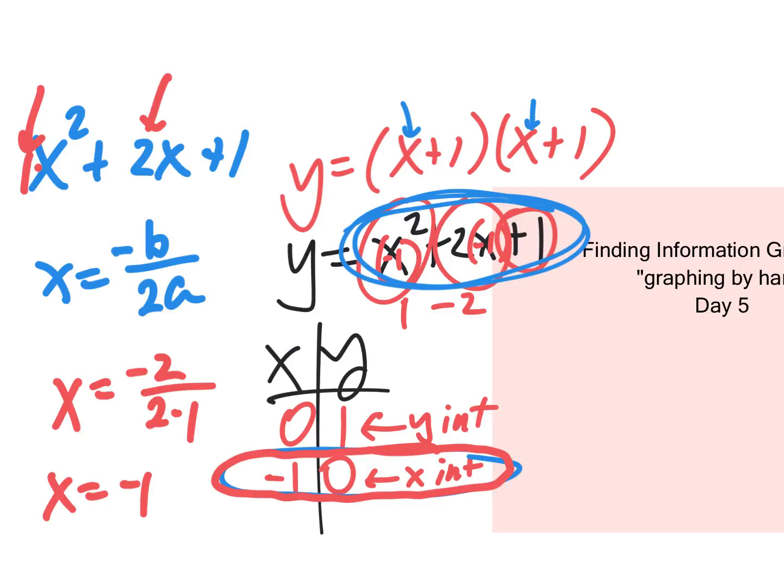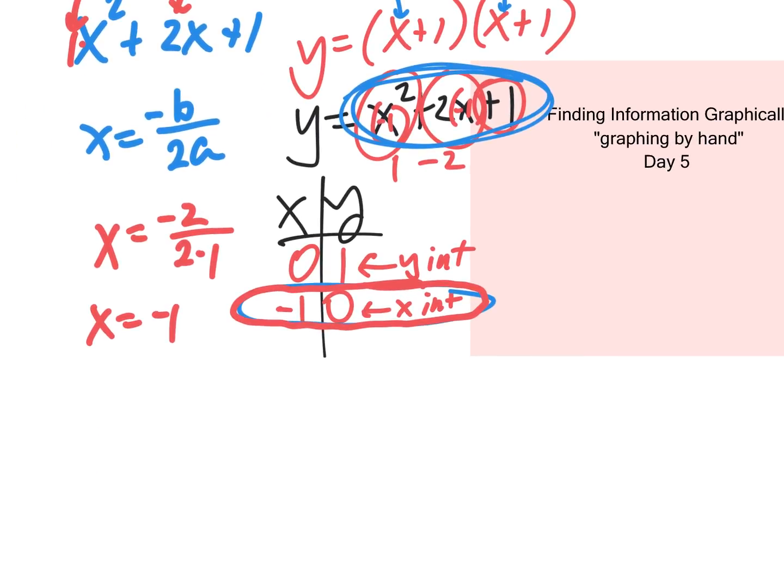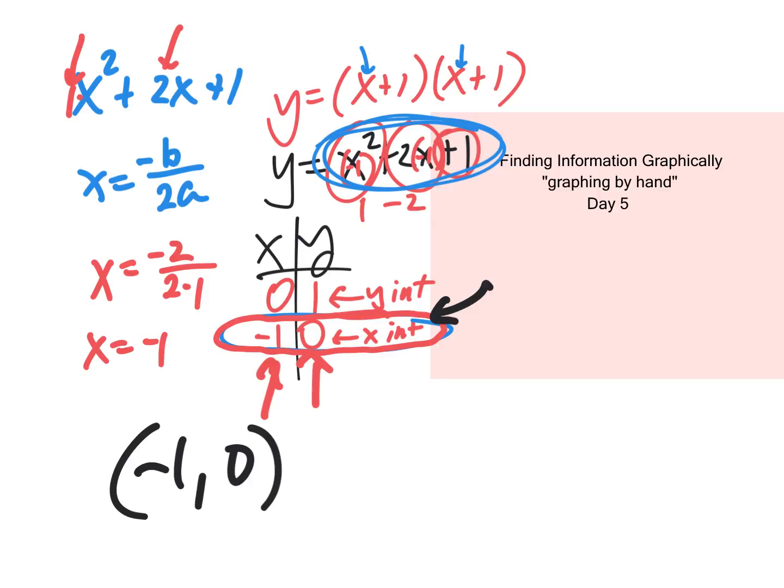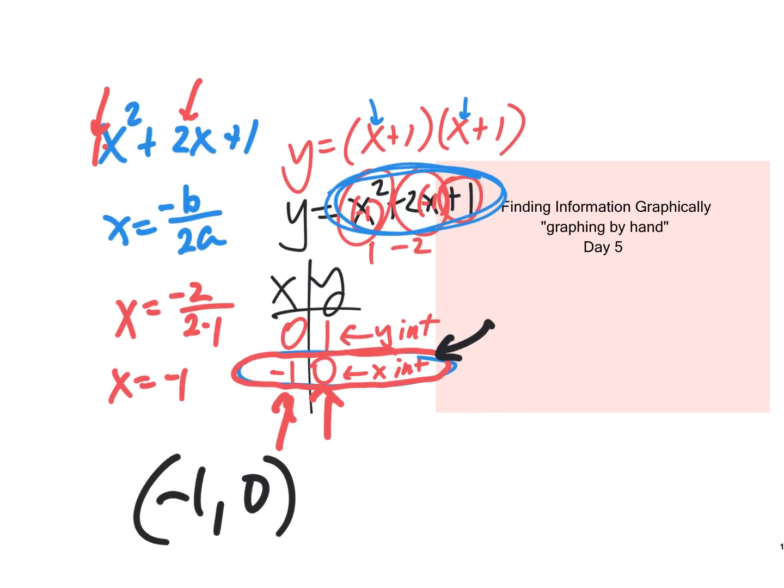Dun, dun, dun. Otherwise, I could just stick -1 back in the function, but didn't I already do that to get this? I don't want to put the -1 back in there again. So I know it's (-1, 0), because I already did it. If I hadn't, I would have put -1 in here and here.